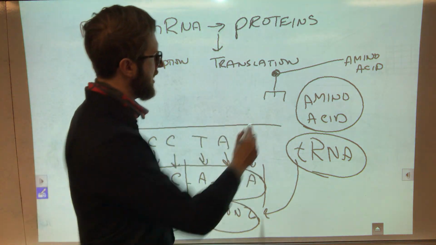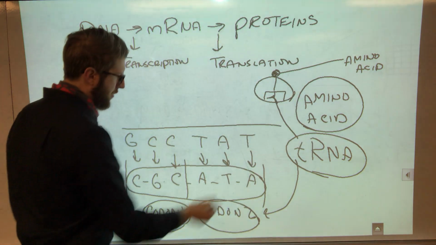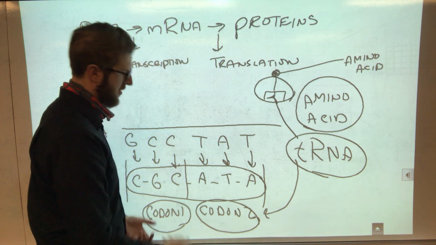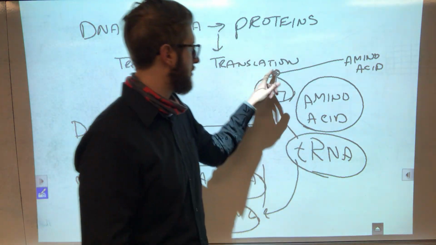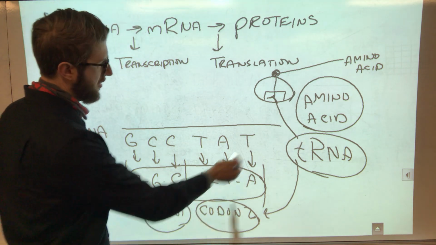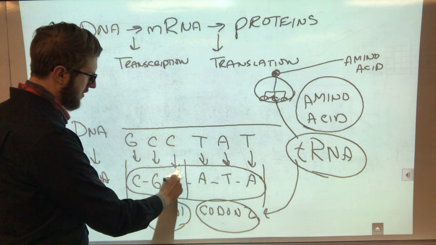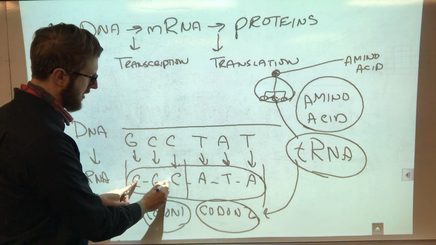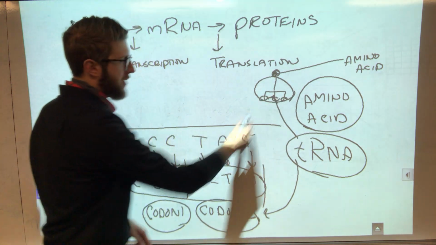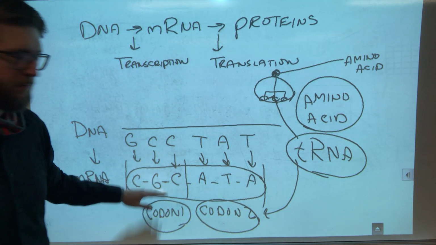Well, the tRNA, which is this guy here, he kind of plugs into each one of these codons, depending on which codon it is, and he'll bring that amino acid for that codon and plug into these 3. Notice how there's 1, 2, 3, 1, 2, 3 things here, and there's 1, 2, 3 bases on mRNA. Well, these 3 bases on tRNA will plug into these bases here.